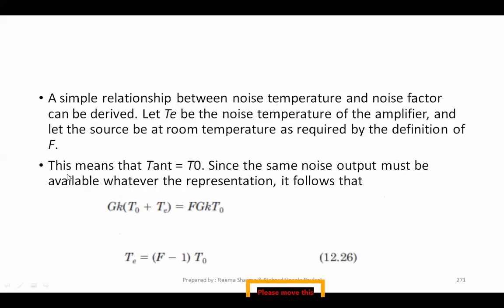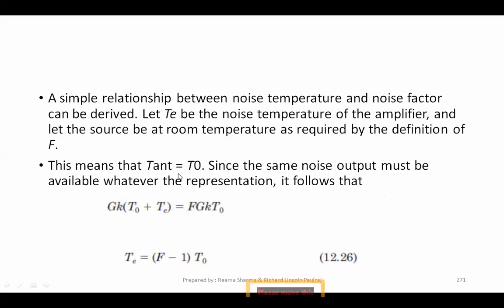Now we will see a simple relationship between the noise temperature and the noise factor, which means between T_e and the noise factor F. TE is the noise temperature, and F is your noise factor.